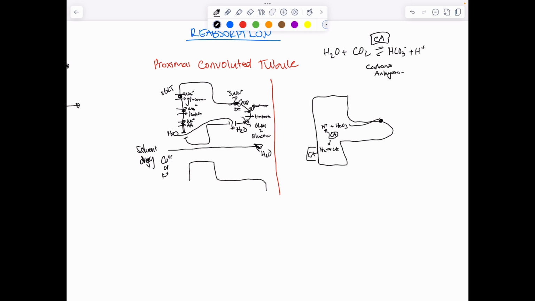This HCO3 is going to get pumped out with a potassium or sodium. And then here we have this proton with sodium.